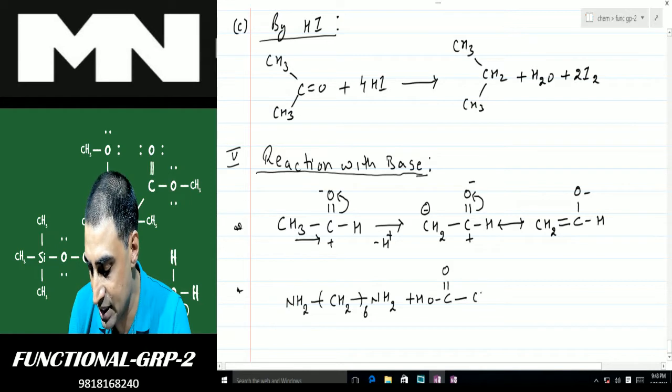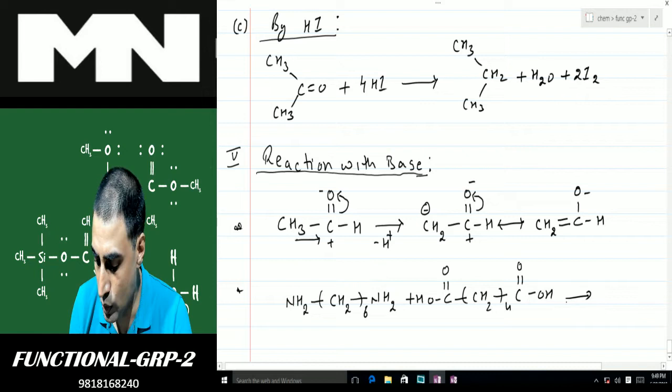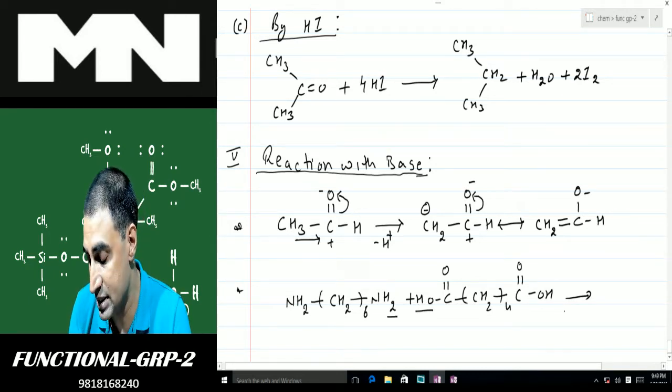Adipic acid is like this. So what will happen? OH from here and H from here will come out as H2O.